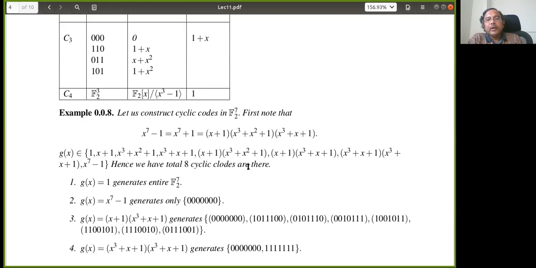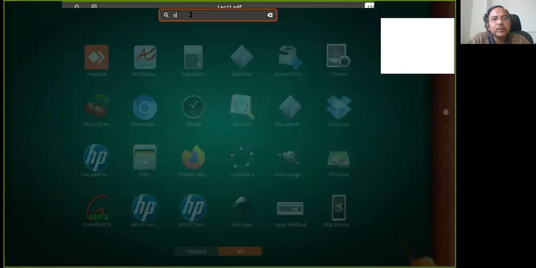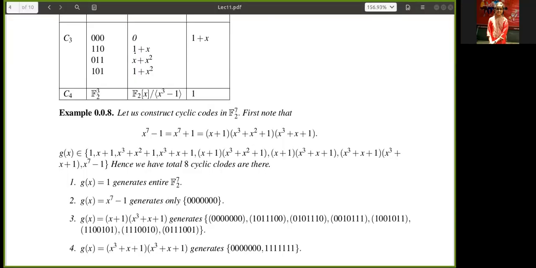So now, how many factors are there for x power 7 minus 1? It will be 2 to the power 3.